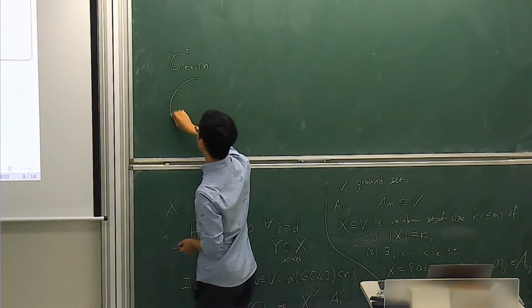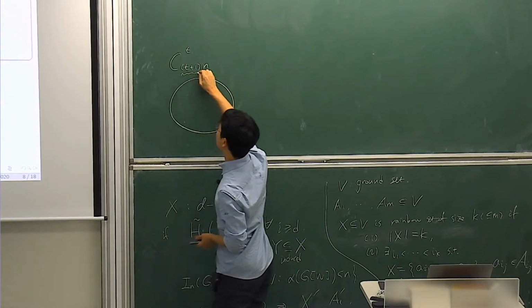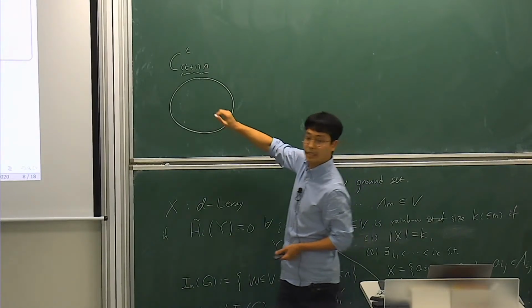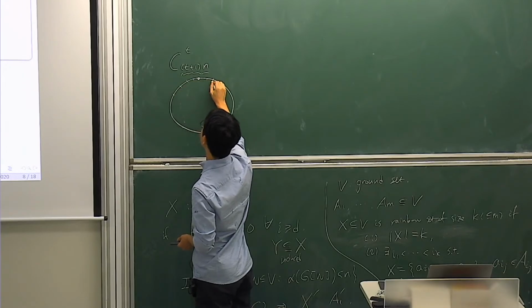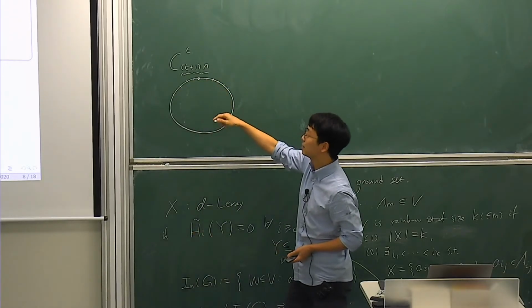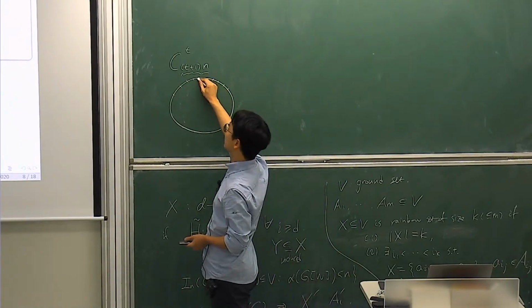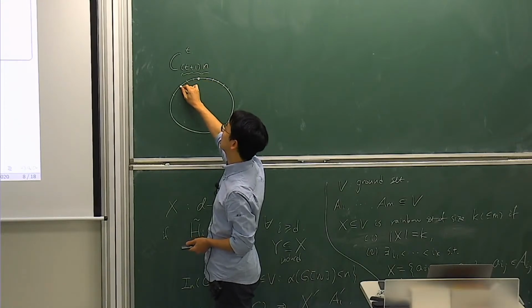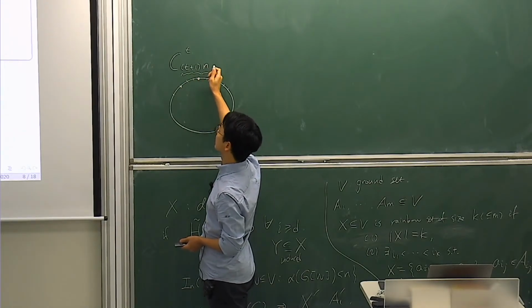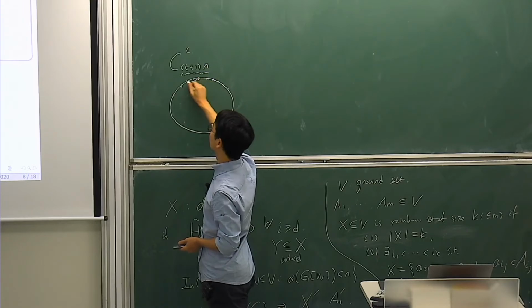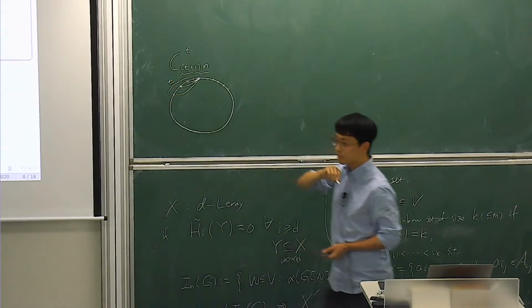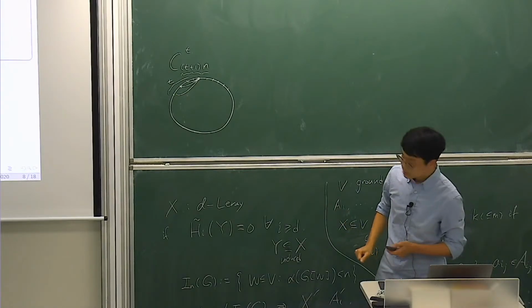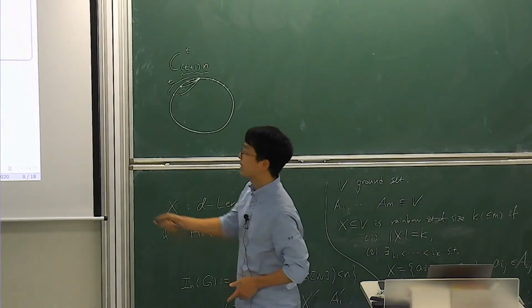The power means we have a cycle of length (t plus 1) times n, and for each vertex, among consecutive vertices in the cycle, we connect this vertex and the vertices at distance up to t from this vertex. And in this graph, we can obtain this bound.